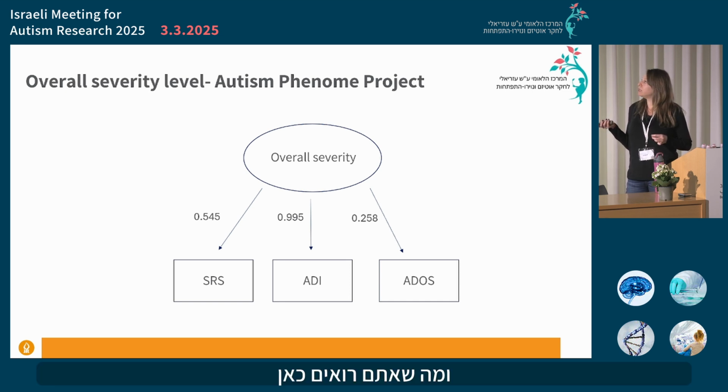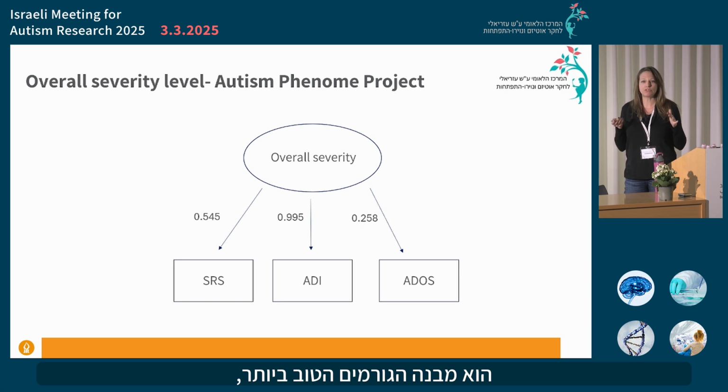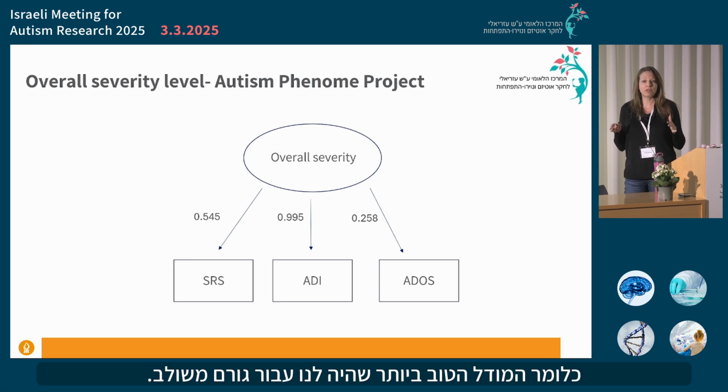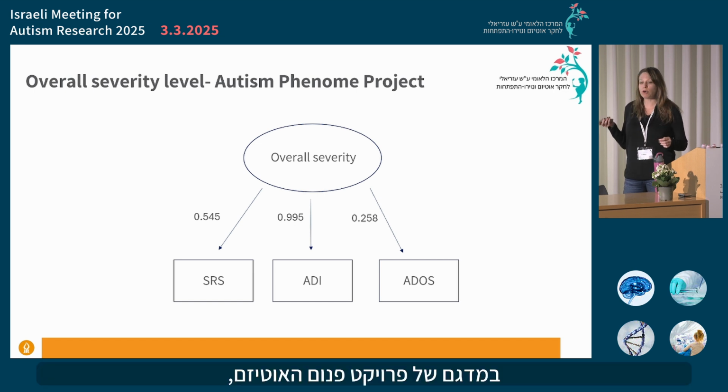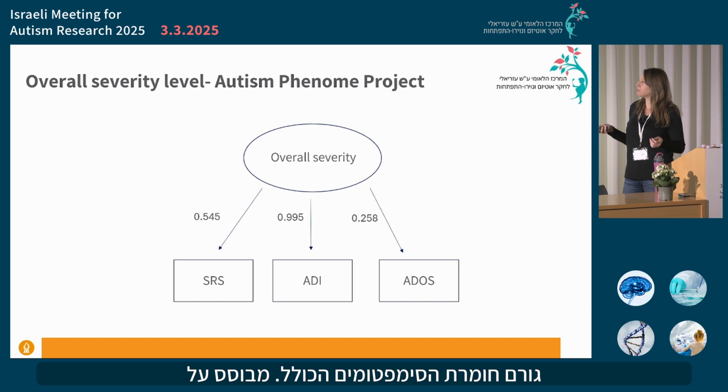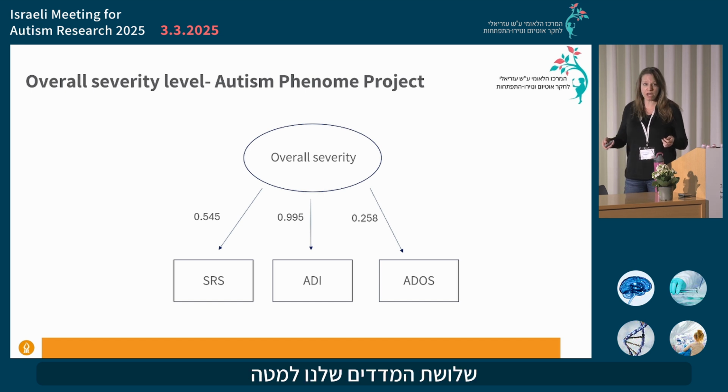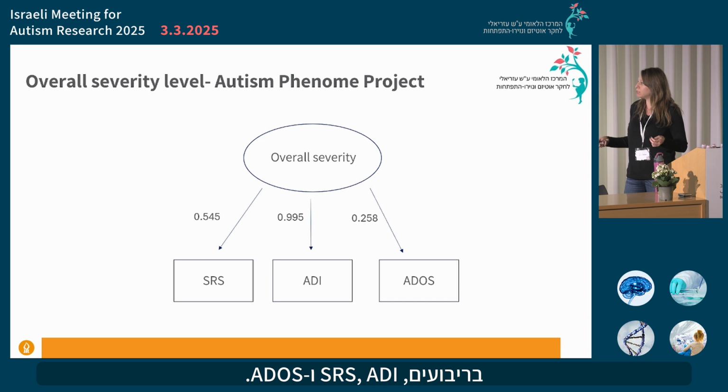And what you're seeing here is the best factor structure, so the best model that we had for a combined factor in the Autism Phenome Project sample, so in our first sample. In the circle above is the factor that we created, the overall symptom severity factor, based on our three measures down below in the squares, the SRS, the ADI, and the ADOS.